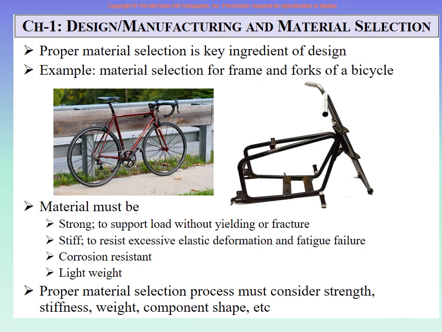It should of course be corrosion resistant, and it should be light in weight, right? So these are some of the basic properties that you consider from a material selection viewpoint. So proper material selection must consider strength, stiffness, weight, component shape, etc., if we want to see what material we should select for this portion of the bike.